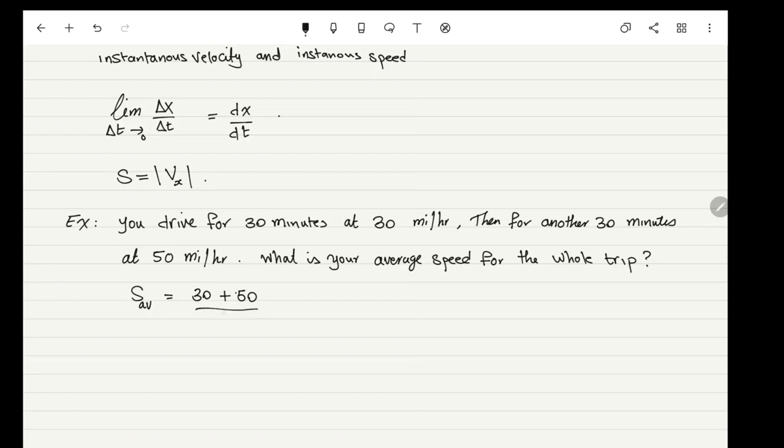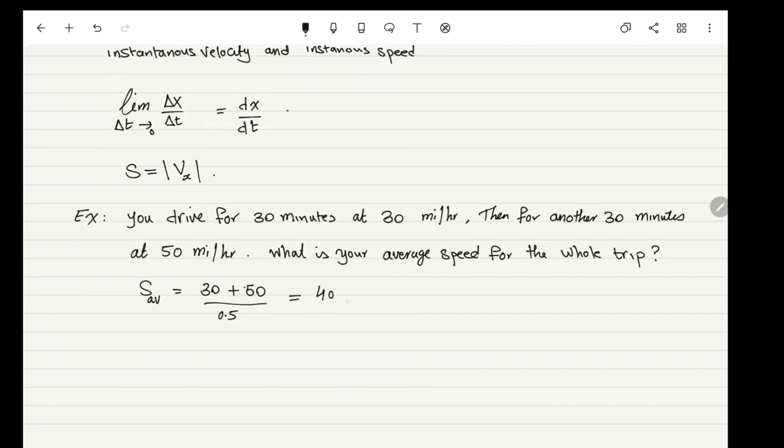It's the same again, it's 0.5 hour. It has to be in hours. So in this case the average speed equals 40 miles per hour.